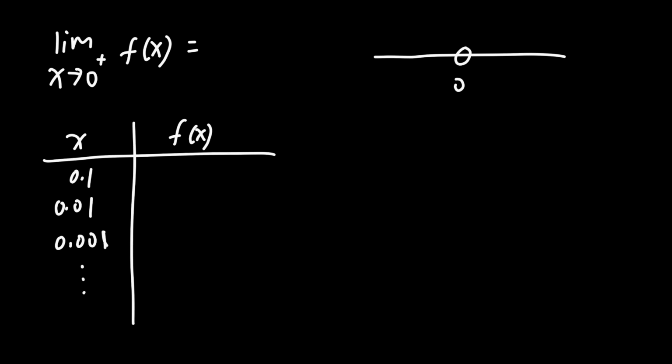If you want, you can continue. Same thing, you put the x values back into the function, and then you can figure out the value. So it would be 10 and 100 and 1000. Again, it also seems like it goes larger and larger and goes to infinity. So in this case, it does not exist.